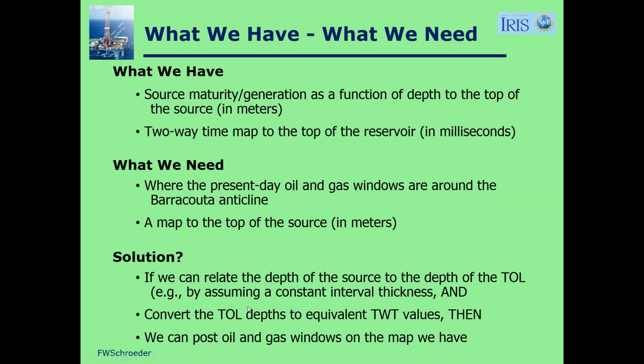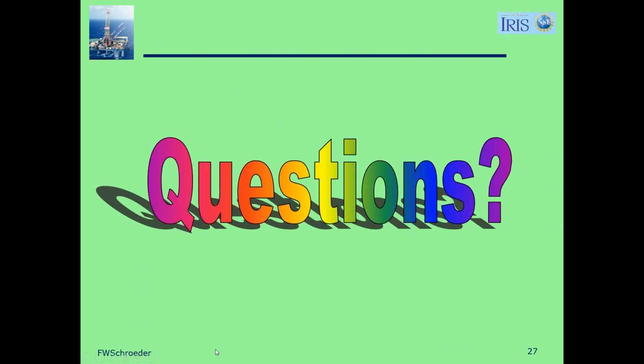If we then convert the top of the Latrobe depths to an equivalent two-way travel time, which is the units our maps are in, then we can say that the top of the oil window is at a certain number of milliseconds, and the top of the gas window is deeper at another specific two-way travel time. Then we can map out where our oil window and gas window are at present day. So without getting too bogged down in the details of the exercise, let me stop there.